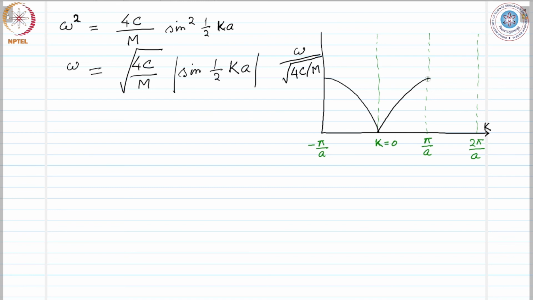This would be the kind of plot that we have. So you can see that at the zone boundary the dispersion becomes maximum. Therefore, at a maximum its first order derivative should go to 0.